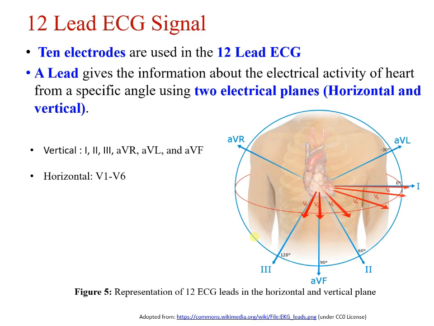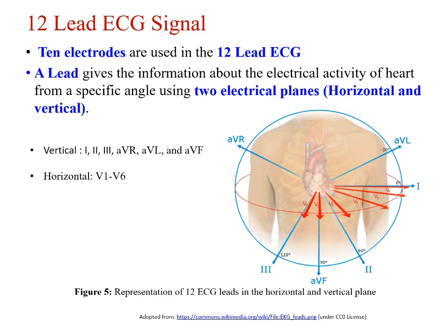The vertical plane leads are 1 to 3, as we have calculated in the single lead system, and then 3 augmented leads. The augmented leads are measured using these 3 leads through a formula you must have known from your theory classes. And the horizontal leads are also known as the chest leads, and they are represented as V1, V2, V3, V4, V5, V6.